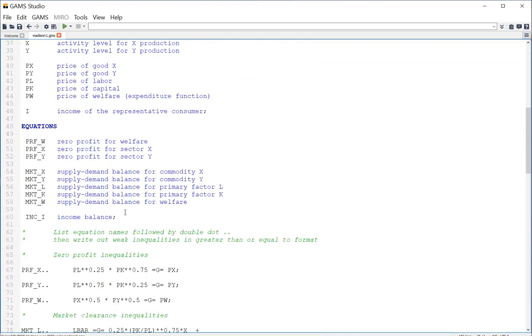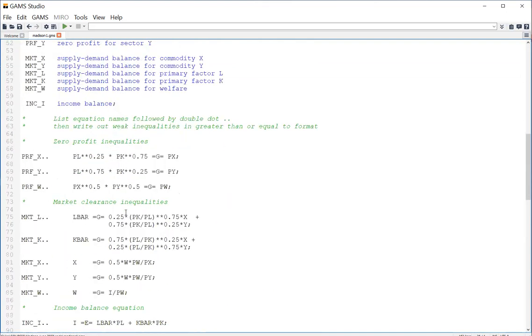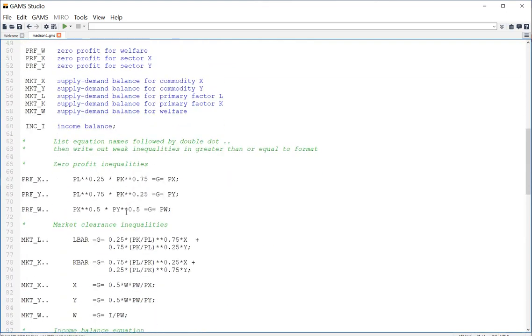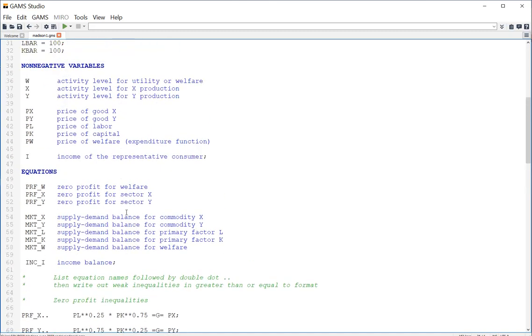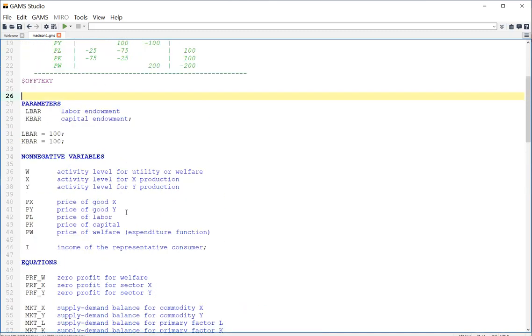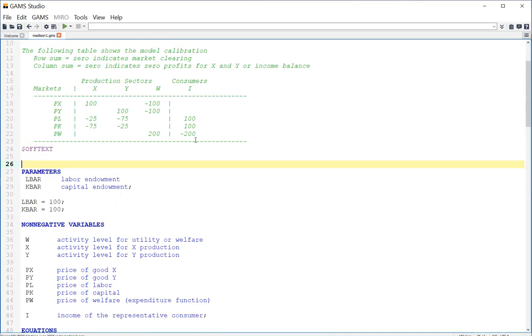So this model, we're going to actually put those numbers in the functional forms. You don't have to. You can declare parameters and give those parameters values. But again, for teaching purposes, I'm trying to keep this as straightforward as possible. For now, we only have two parameters, which are the labor endowment and the capital endowment. I call them L bar and K bar, and I assign them values of 100 each, which is the calibration from the little matrix, which I've reproduced.